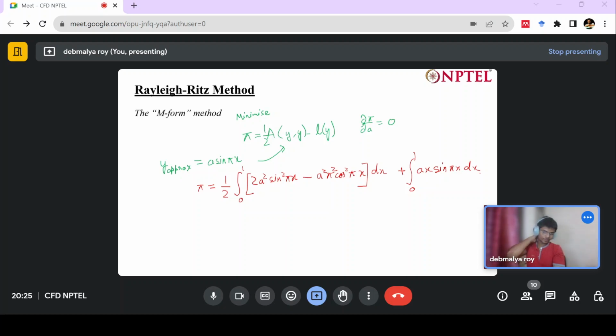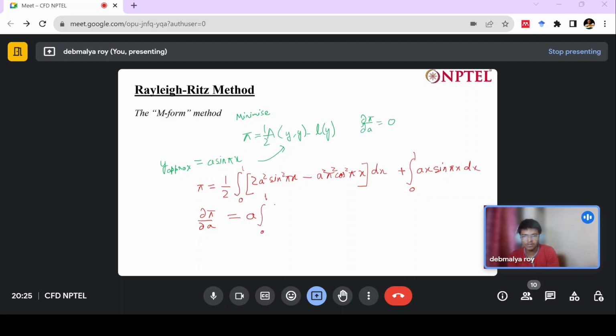Okay. Now what you have to do? You have to do partial differentiation with respect to A. So both these terms have A. Here A square is there. So this A square will become 2A. So A I can take forward, right?